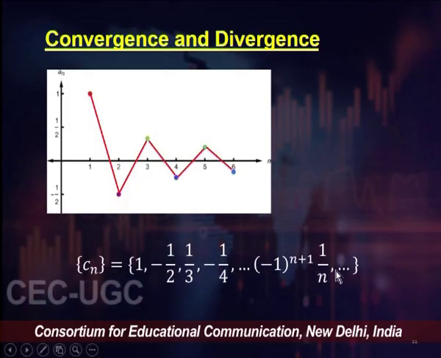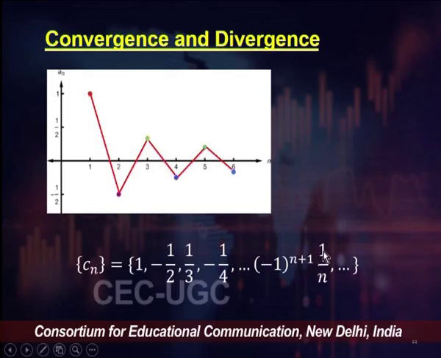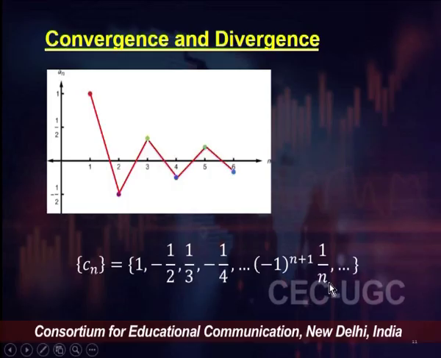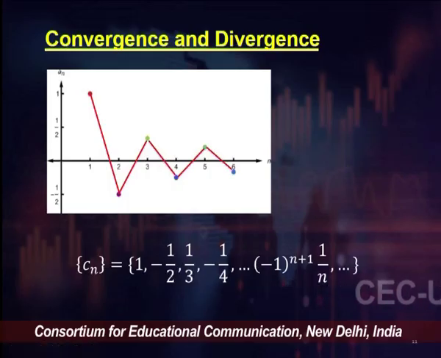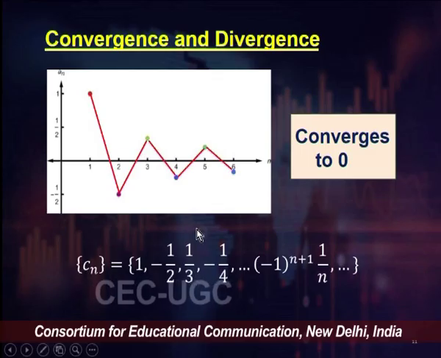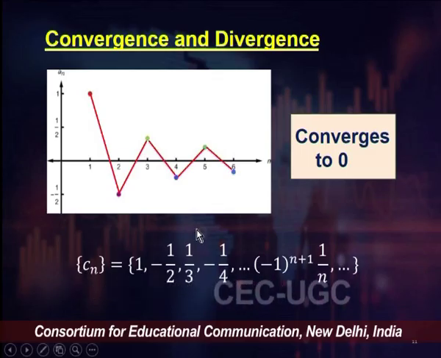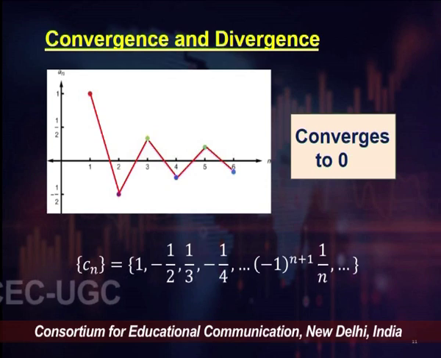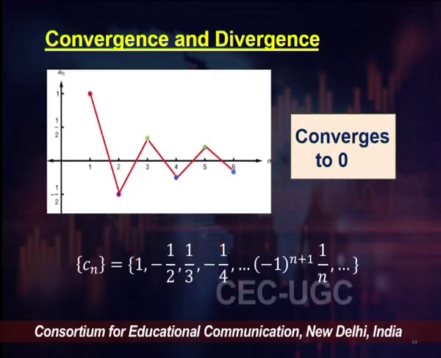And this is also something that the general term is reflecting, because as n approaches infinity, 1 by n will tend to 0. So even though it's oscillating, the oscillations are becoming smaller and smaller, and this sequence also converges to 0. The point of convergence need not necessarily be 0. It could be some other number also, as we will see in the examples that we have, but at least for now, this is what is happening.